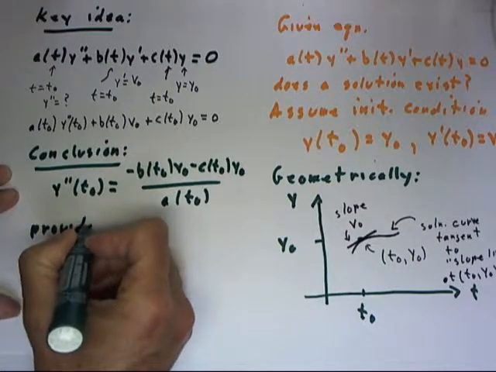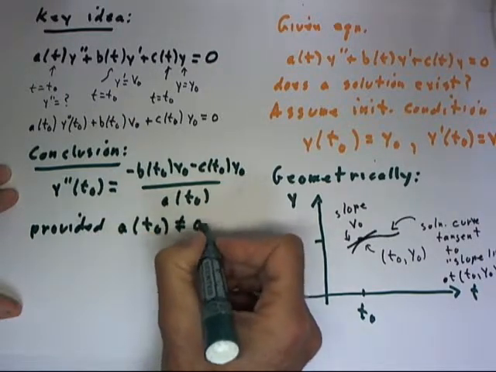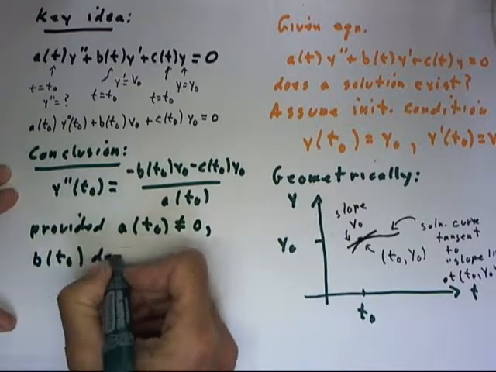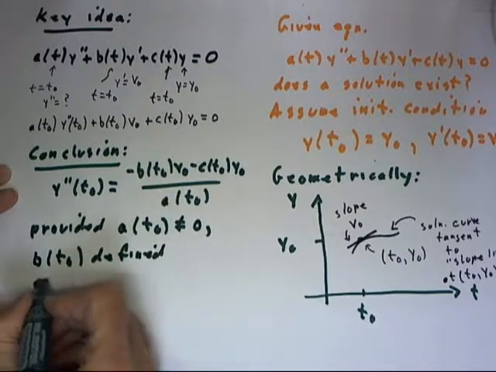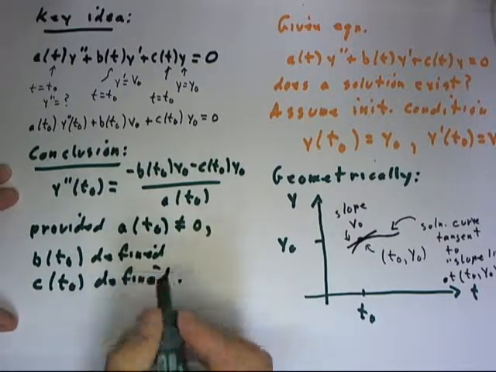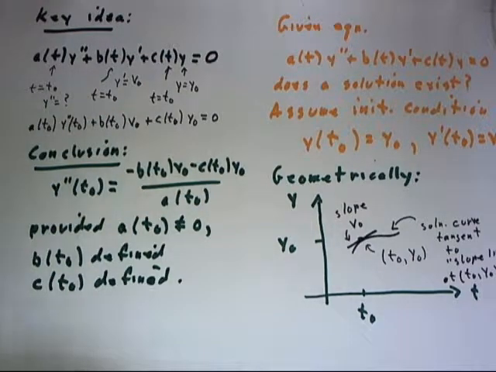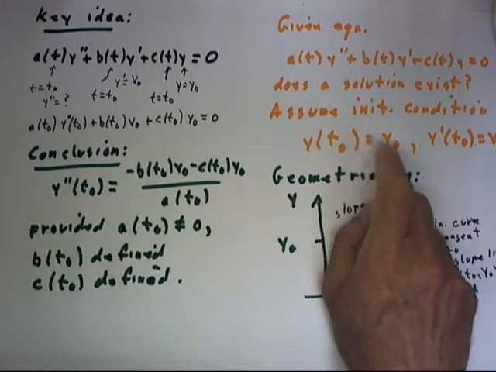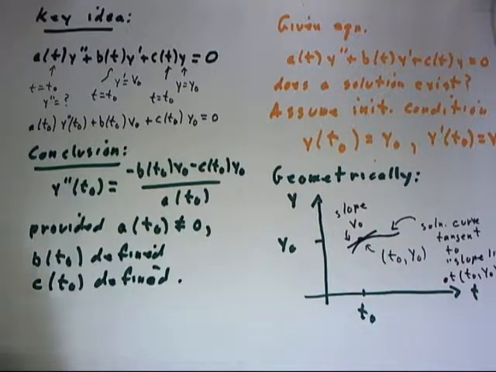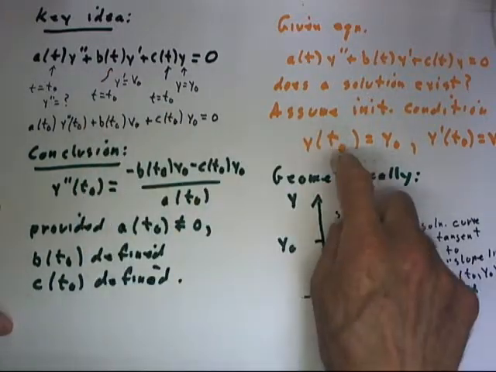Provided a of t naught is not equal to 0, b of t naught is defined, and c of t naught is defined. Now we don't know what the functions a of t, b of t, and c of t are, so it's entirely possible that when we specify this initial condition, our initial point t naught y naught, it doesn't make any sense because maybe b of t naught isn't even defined.